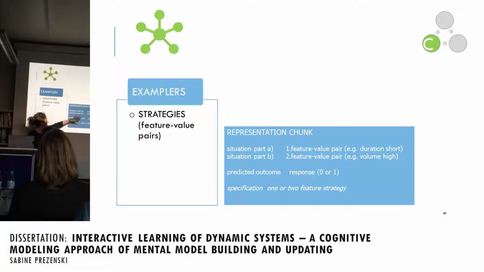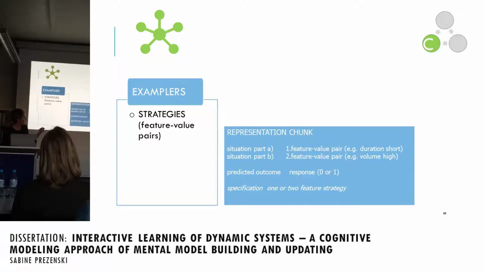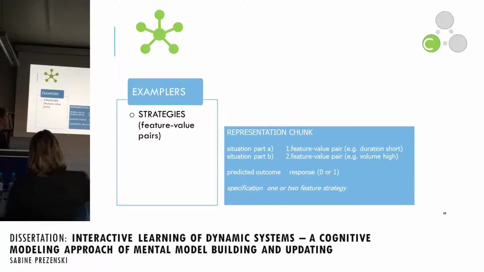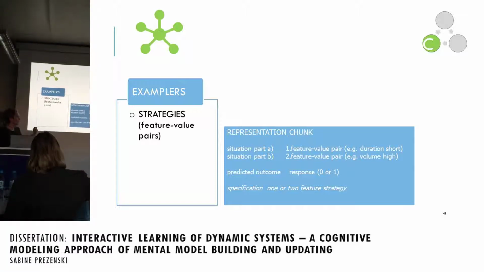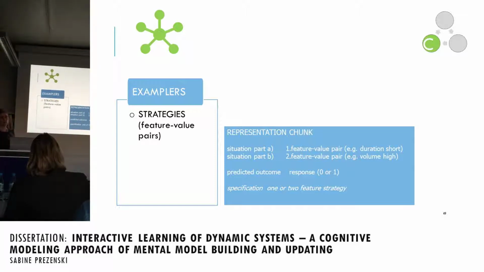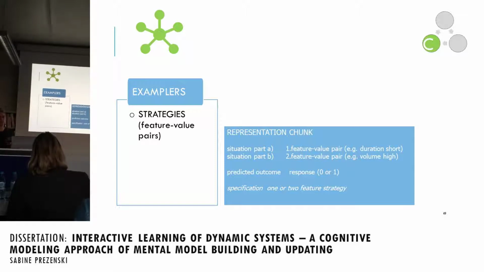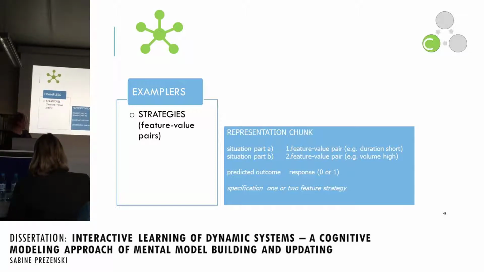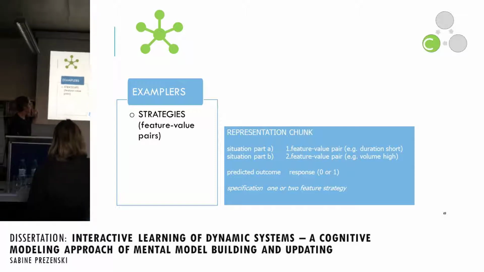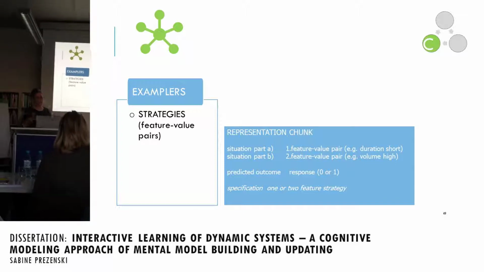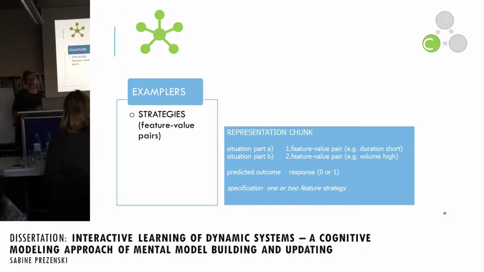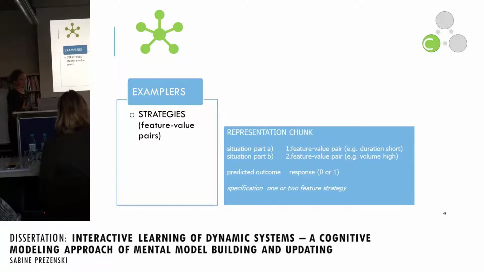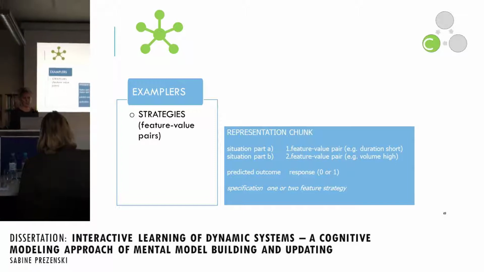So we have the first part of the situation as the first feature value pair, and the second part of the situation as the second feature value pair. The first one would be duration short, the second one would be volume high, and then we have the predicted outcome, and then this would be the response. And now we have a specification of whether it's a one or two feature strategy. What I forgot to say is that in the beginning the model will use one feature strategies, and later on switch to using two feature strategies.